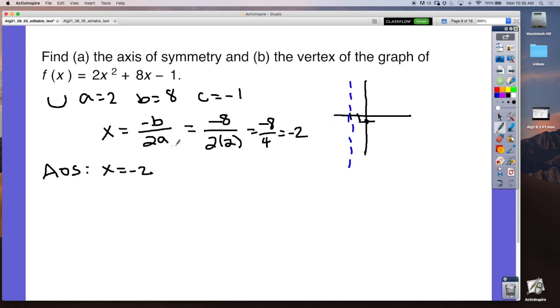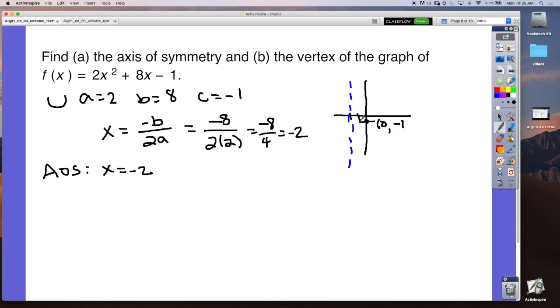And let me show you how to find another point just from this information. Since I know this is one of the points, (0, -1), and since I know the axis of symmetry is where I fold it, so on each side it's matching. So if I were to fold it on this line, this point right here is going to match on the other side.